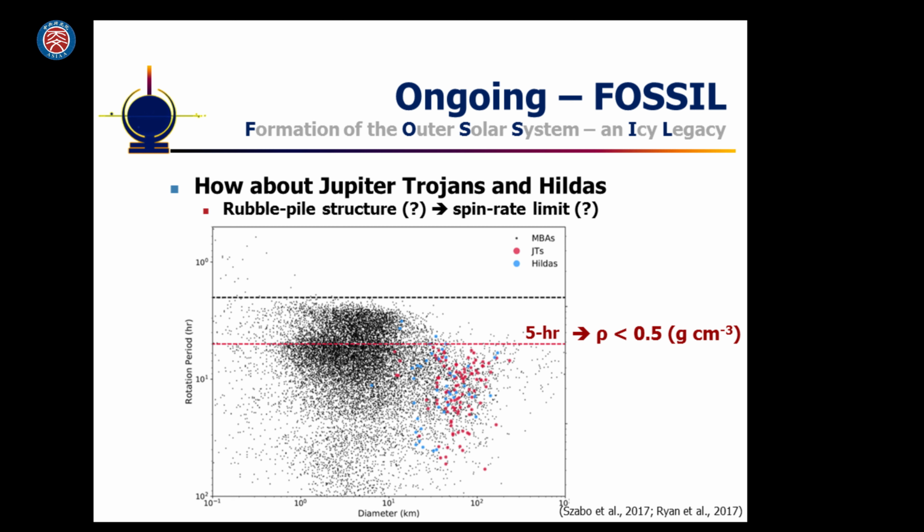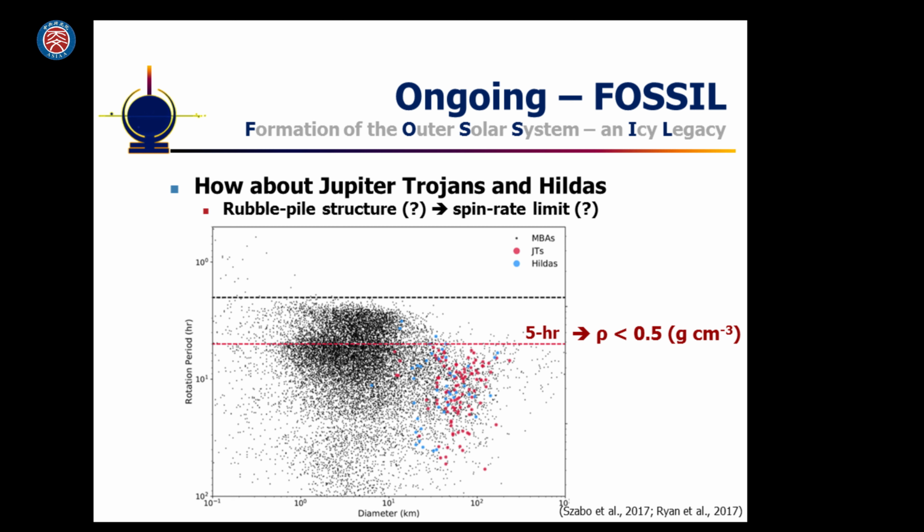It looks like all the Jupiter Trojans are on the 5-hour line. However, some Hildas are faster than 5 hours. So is it possible that Jupiter Trojans and Hildas have different spin rate limits? Or is there any Jupiter Trojan that can rotate as fast as Hilda?